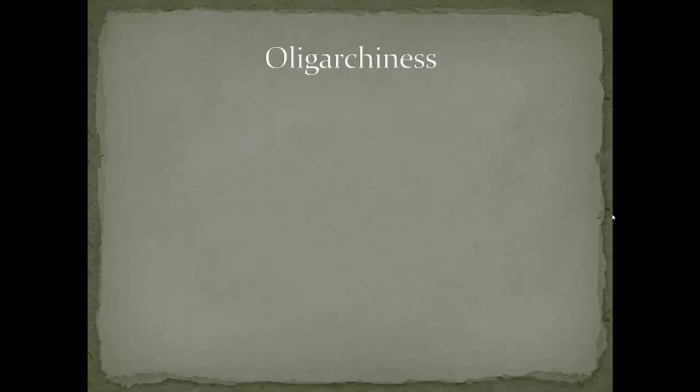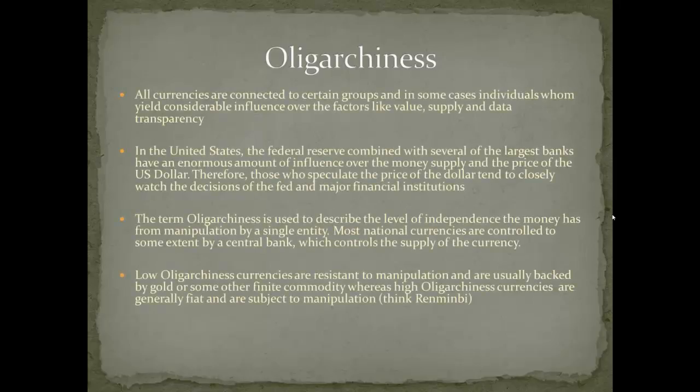Currencies are no different. So a high oligarchiness currency is one that a small group of individuals, groups, or people have the ability to control that currency through supply, control that currency through some form of manipulation.